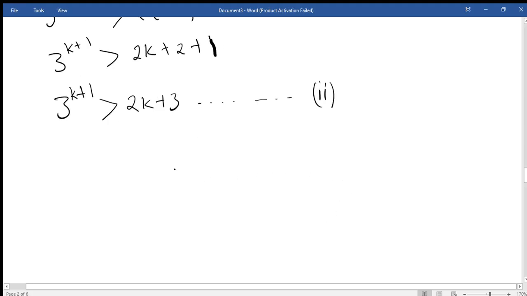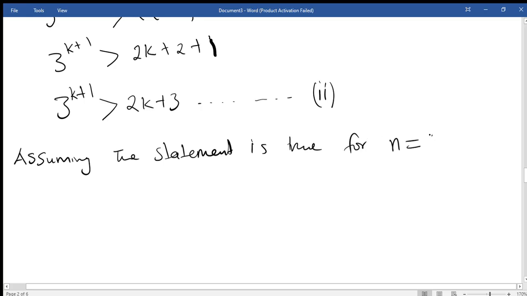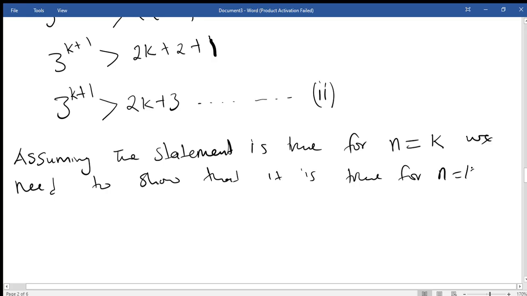We are simply saying, assuming the statement is true for n equals k, we need to show that it is true for n equals k plus 1 also.